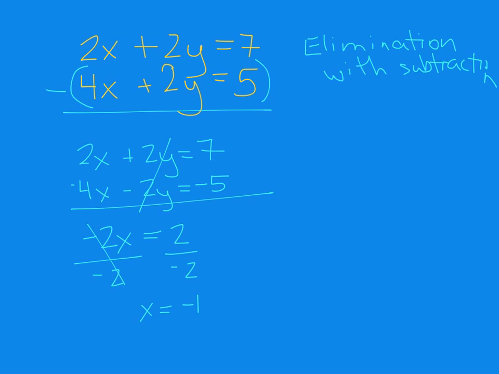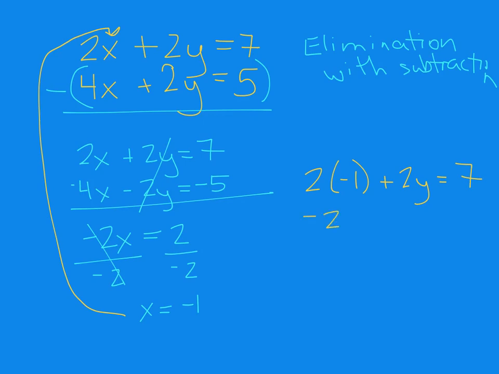Now I can plug that into either of the original equations. So I'm going to choose to do the first equation. So I get 2x, which is negative 1, plus 2y equals 7. So I am plugging this in right there.